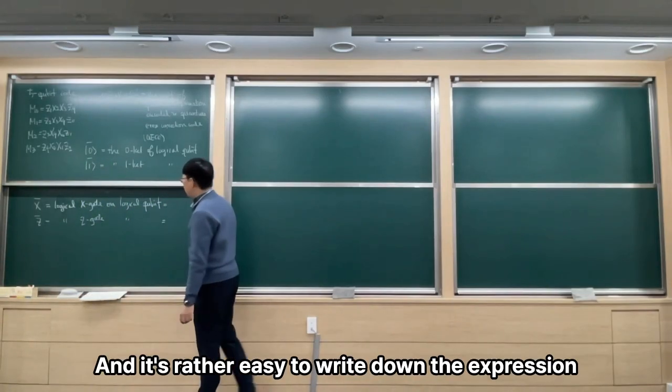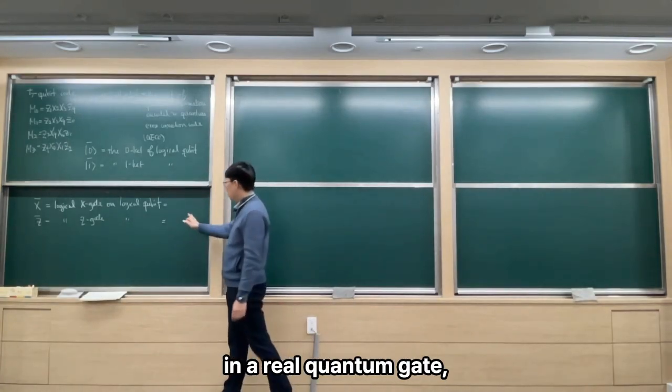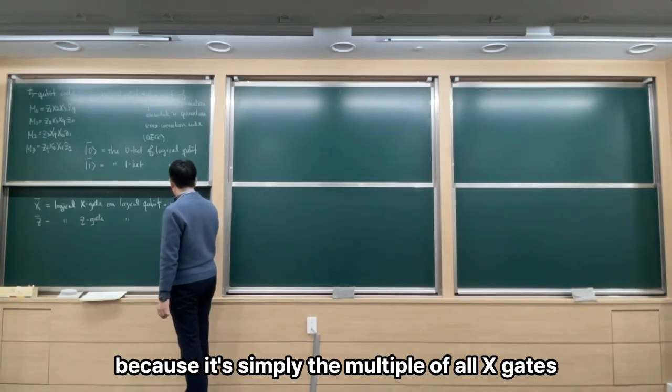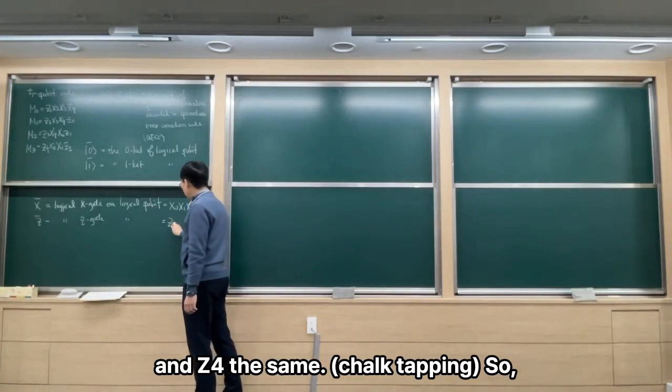It's rather easy to write down the expression of the logical X and logical Z in real quantum gates, because each is simply the product of X gates on every single physical qubit, and Z for the same.